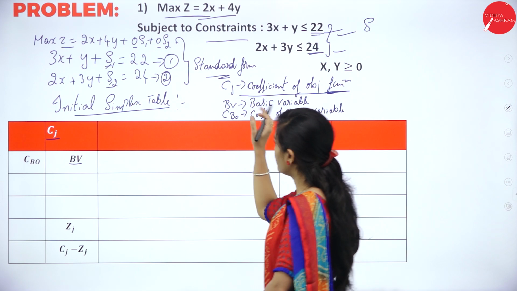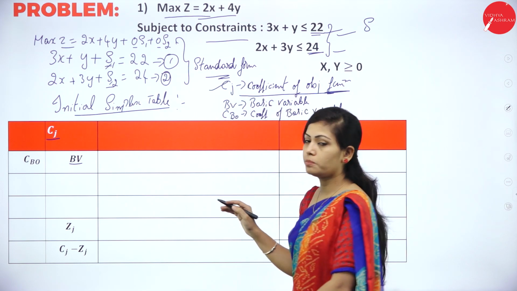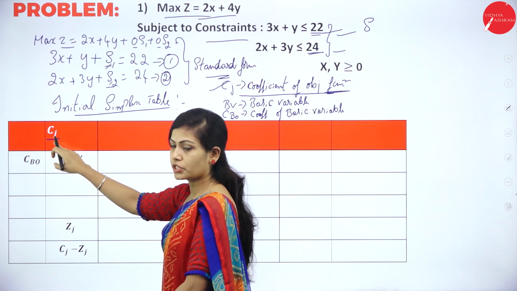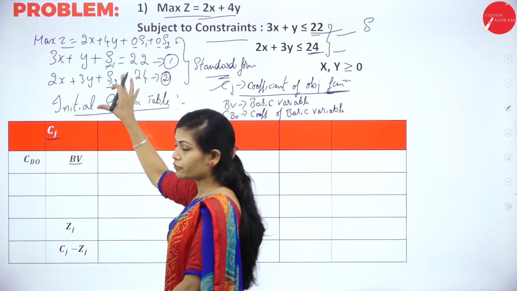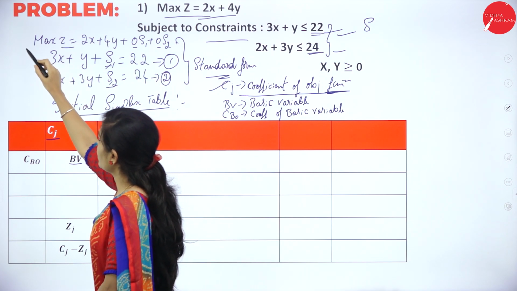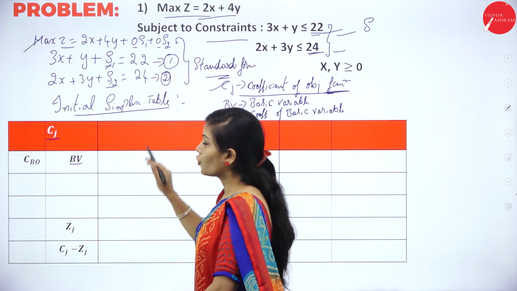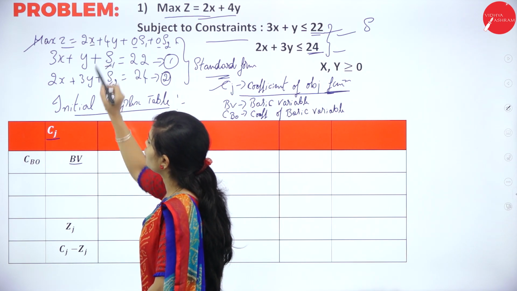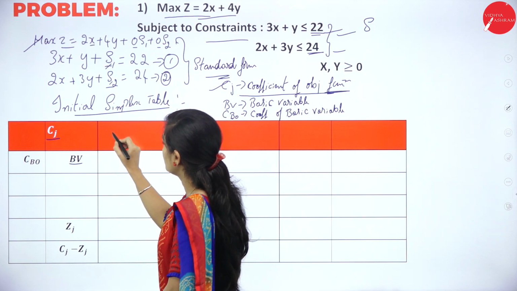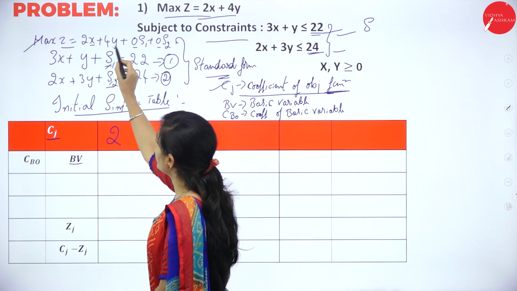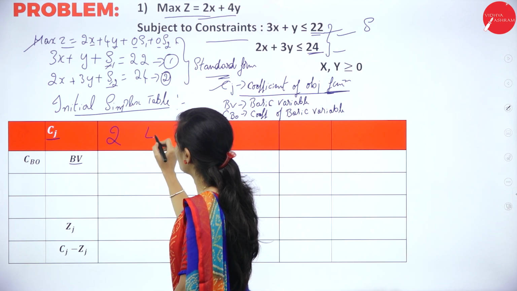First I will write the coefficient of the objective function. You just see the standard form only. This is my objective function. What is the coefficient of x here? It is 2. And the coefficient of y is 4.